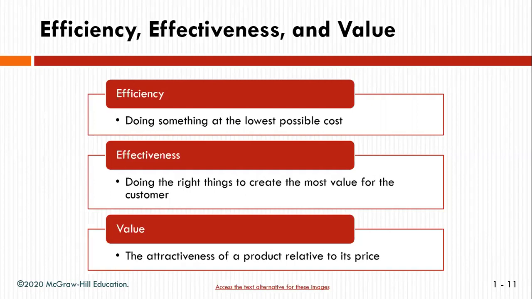And sometimes if you're looking for something and you cannot find it, and you find it somewhere a little bit more expensive, you will take it because you value it so much. So these are three different things that you need to take into consideration: how efficient you have to be, how effective you have to be, and what the value is. Let me give you an example.